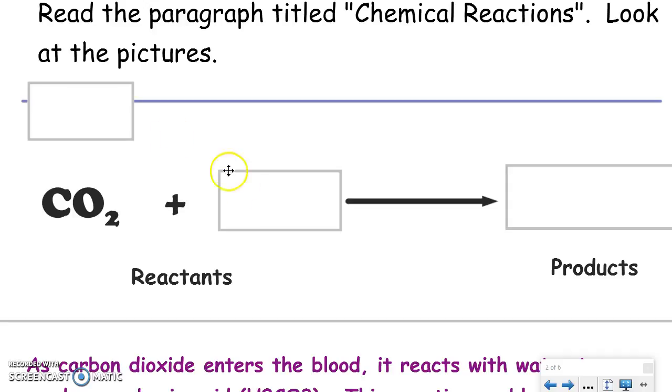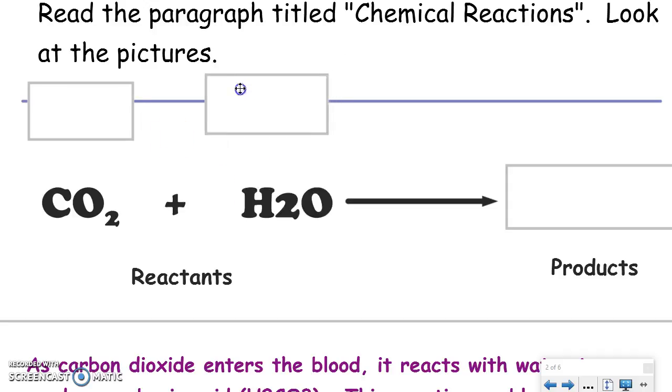However, carbon dioxide doesn't just dissolve in water really easily. Otherwise, if you blew into a water bottle, you'd all of a sudden have bubbles in your water. Just because carbon dioxide is next to water doesn't mean it will dissolve in water.